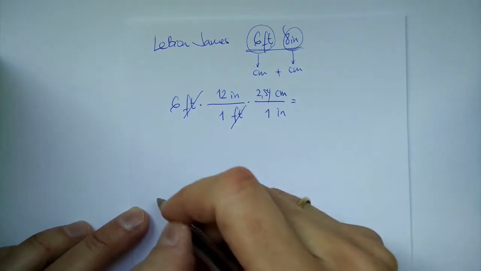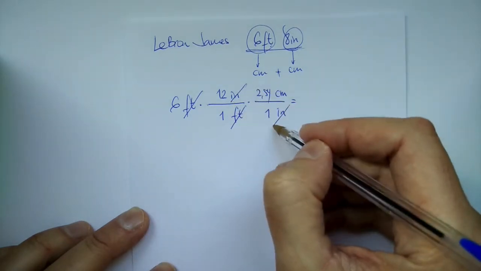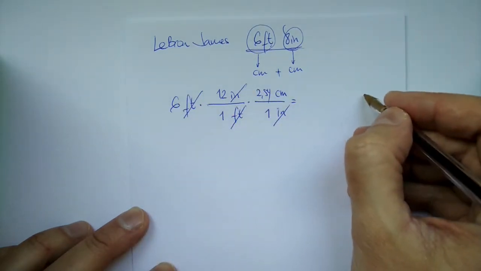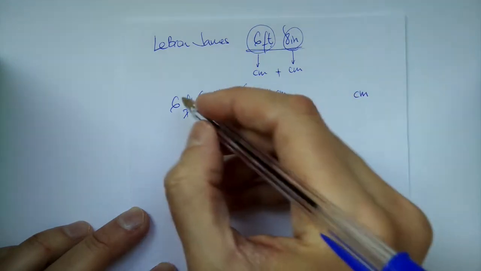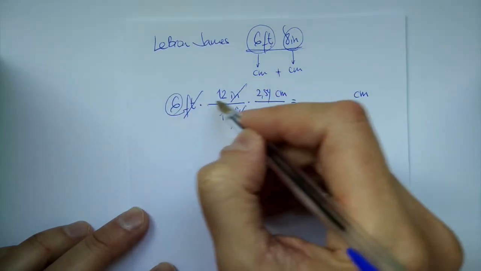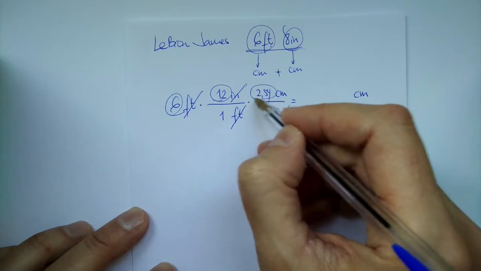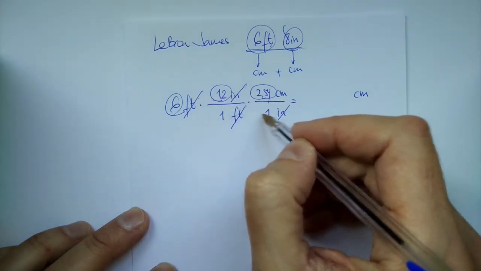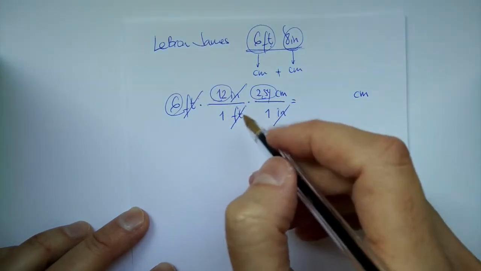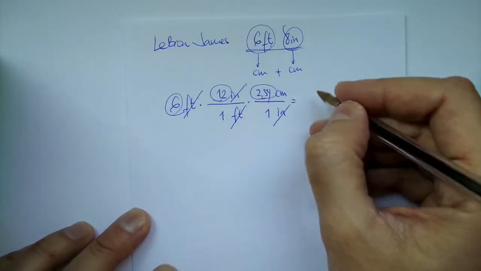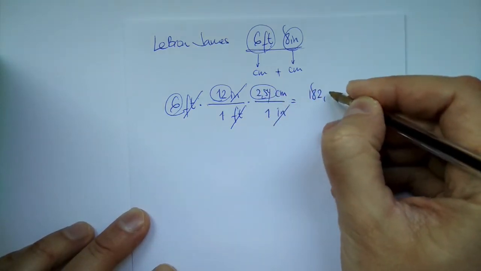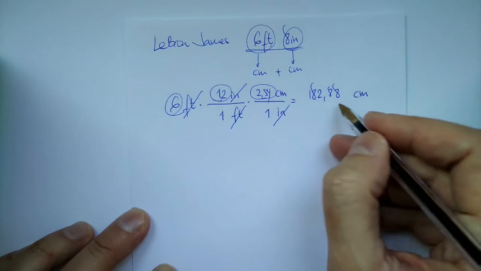Cancel out the feet, cancel out the inches. We are left with centimeters. And take 6 multiplied by 12 and multiply again by 2.54, and you will divide by 1. And you are left with 182.88 centimeters.